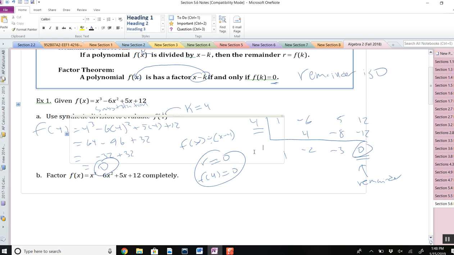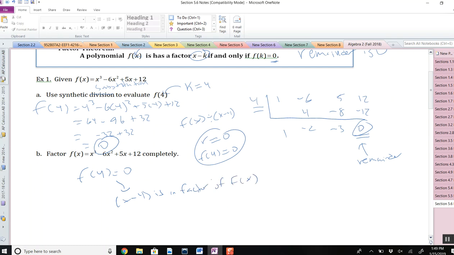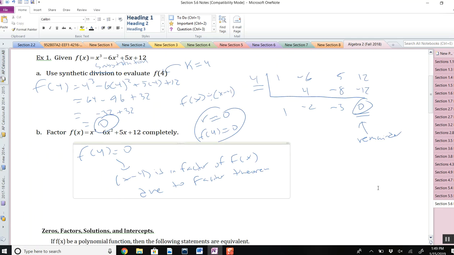Then for b, if I factor completely, well, fortunately, I already know that f of 4 is 0. It means that x minus 4 is a factor of f of x due to the factor theorem. Because f of x is the same function that we were working on just a minute ago.